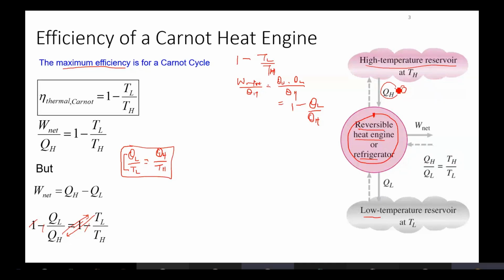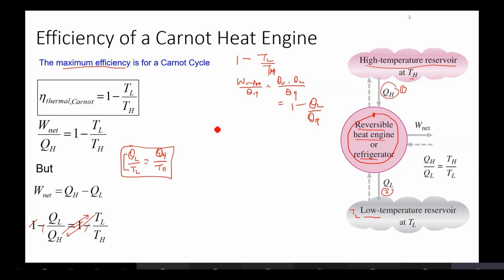First one, QH coming from the reservoir, which is at TH. Clear? Yes, sir. The second interaction is QL that is moving out at a temperature which is TL. Clear? Yes, sir. Is there any other heat interaction taking place for this one cycle?